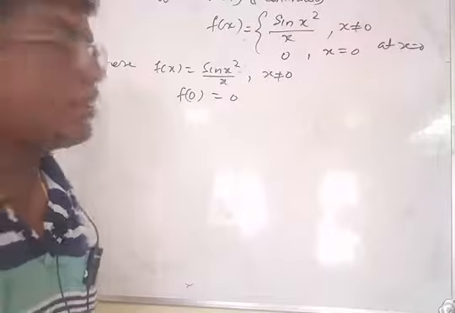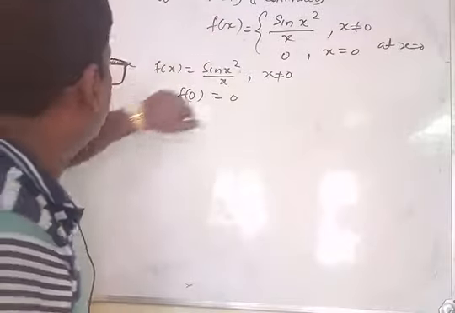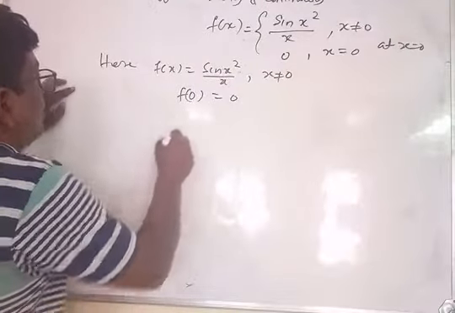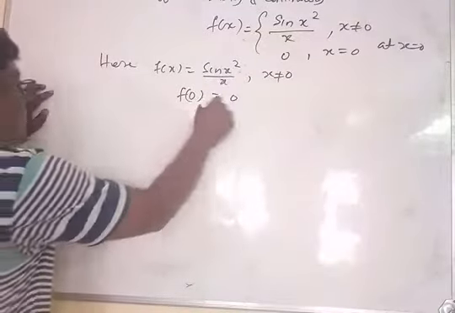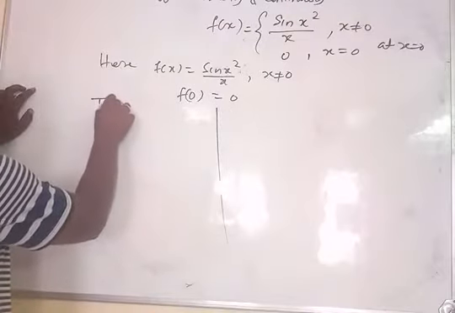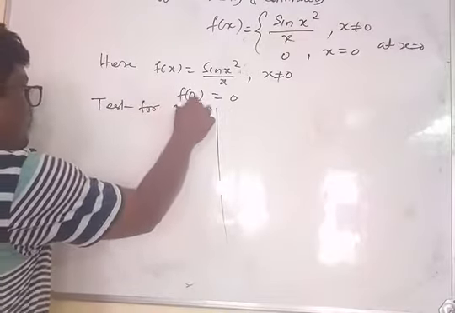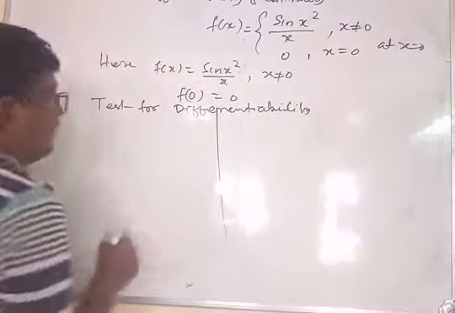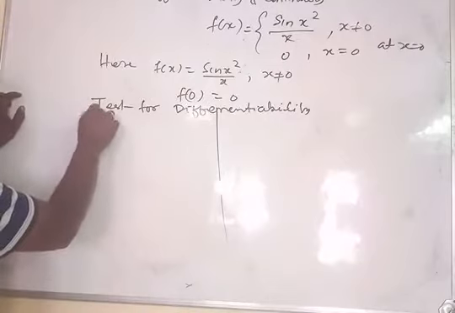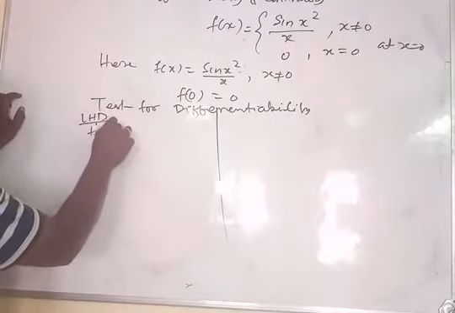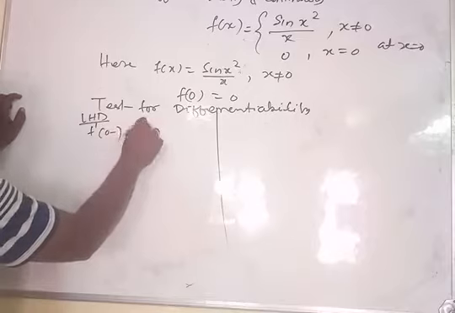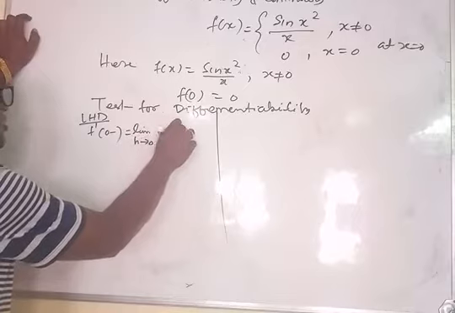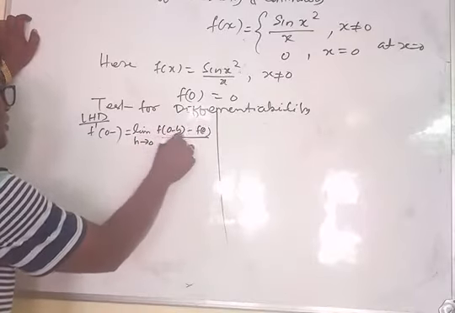Clear? Another question: test for differentiability and continuity. This function f of x is equal to sin x square by x, f of 0 equal to 0. Now test for differentiability. LSD: f dash 0 minus is equal to limit h tends to 0 of f of 0 minus h minus f of 0, divided by minus h.